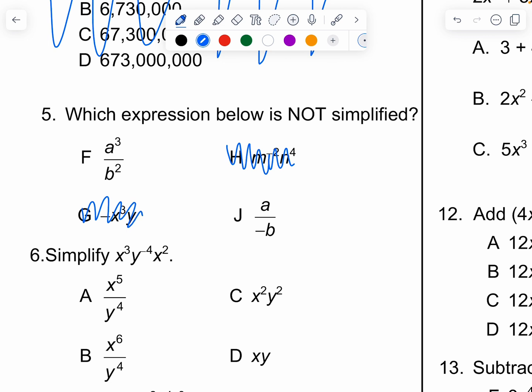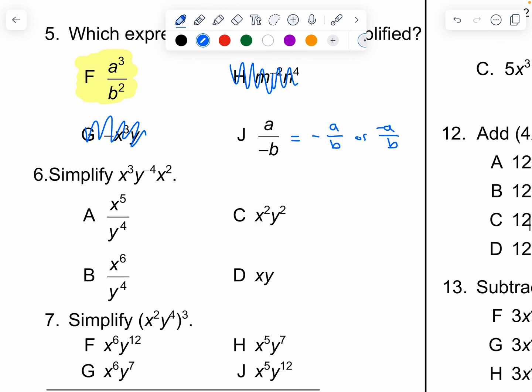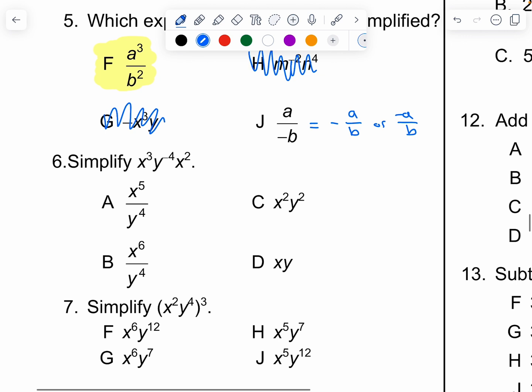J has a negative value, but we don't like to keep negative numbers in the denominator. We would prefer that that negative was either out front or up top. F is the best answer because that fraction cannot be simplified any further and there's no negative exponents.